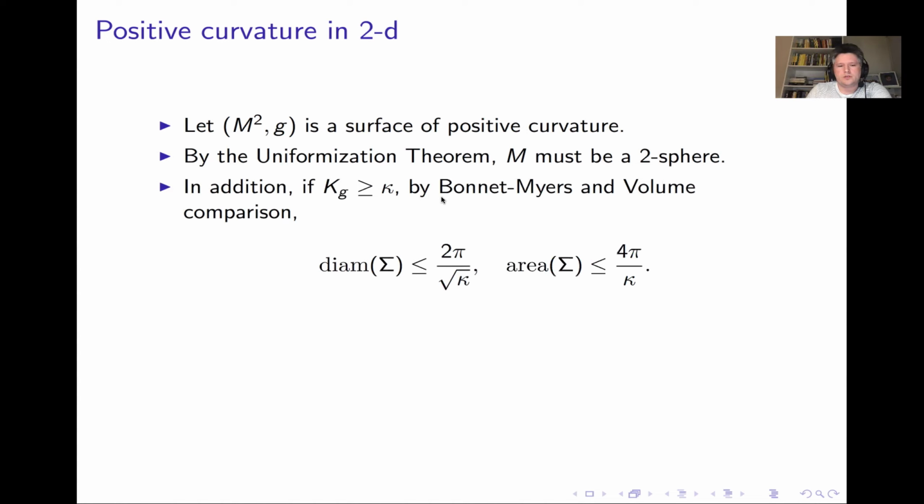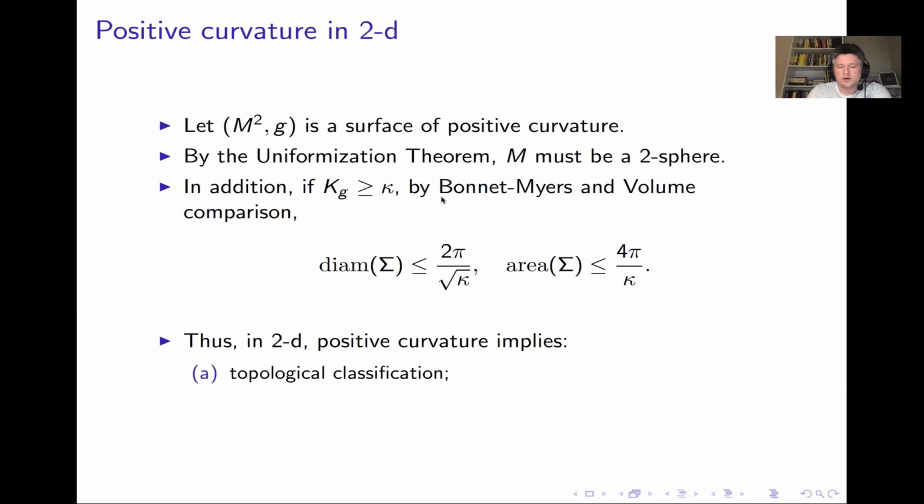So in other words, in 2 dimensions, positive curvature is giving you a topological classification, but also geometric smallness. This manifold cannot be bigger than these inequalities are saying.